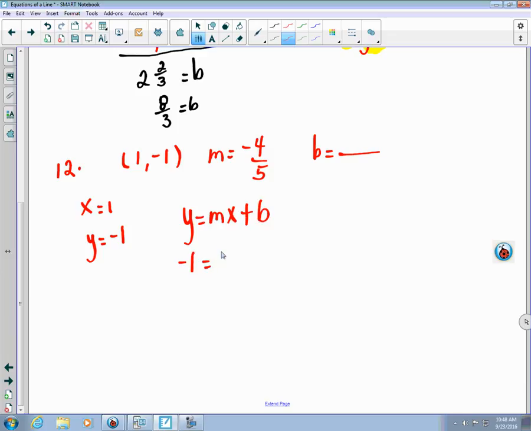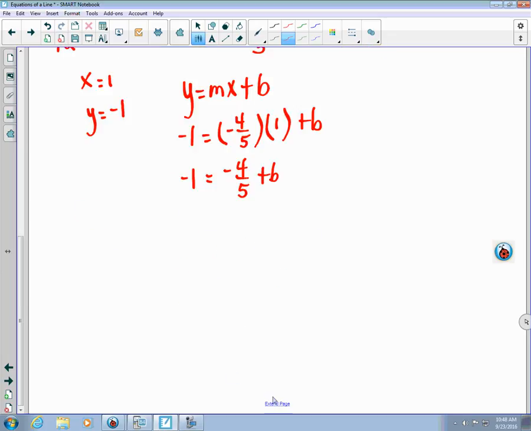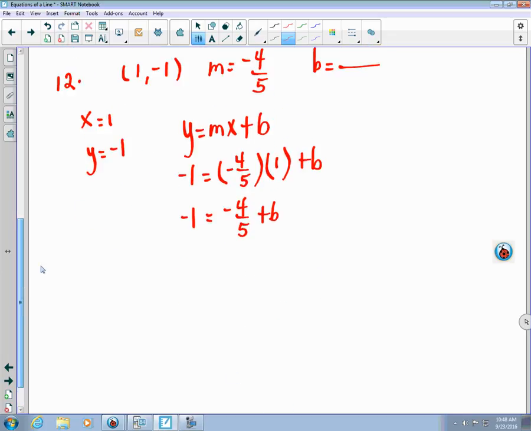Negative 1 equals negative 4/5 times 1 plus b. What's negative 4/5 times 1? It's just negative 4/5, right? I'm going to add 4/5 on both sides of the equation.